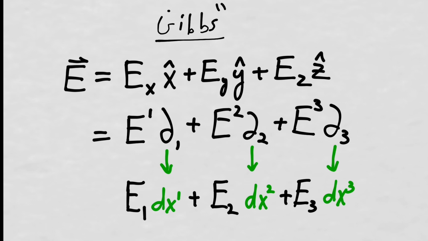And that's a totally fine formalism. In fact, it's by far dominant in the education and the field of this subject. And that's what I mean by this guy right here. We have a component of the electric field in the x direction, and this is its unit vector in the x direction. Component in the y direction, the unit vector in the y direction, unit vector in the z direction, and the component in the z direction.